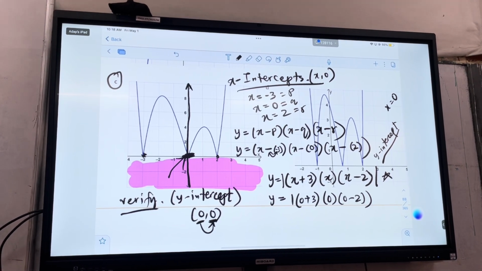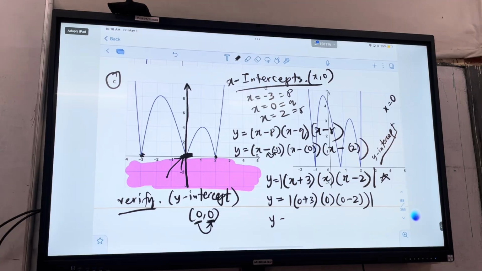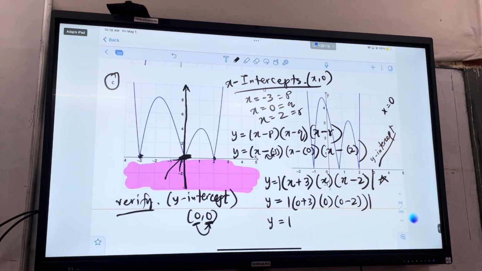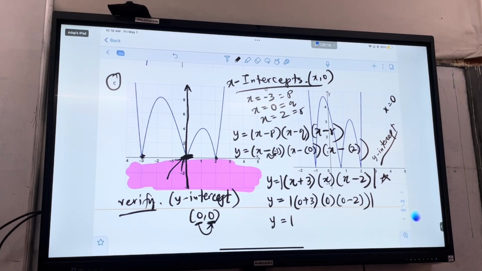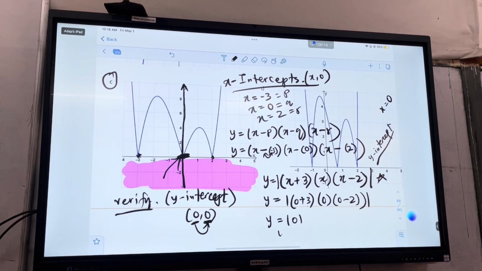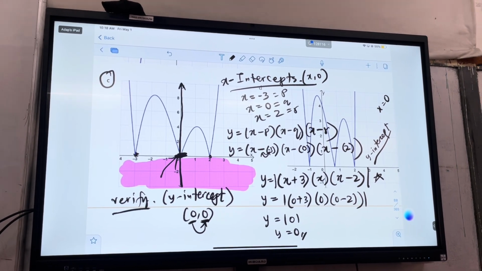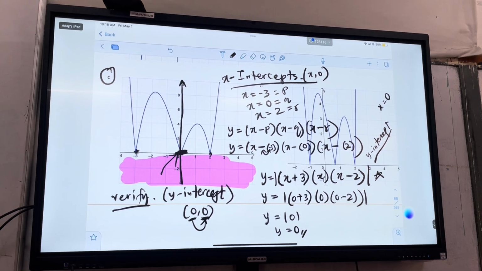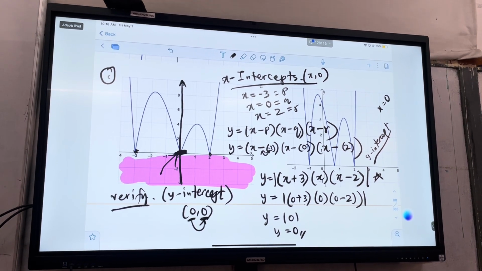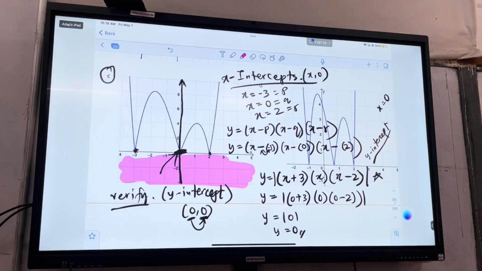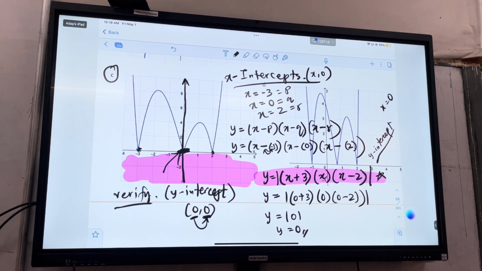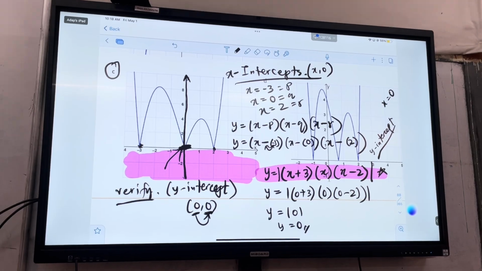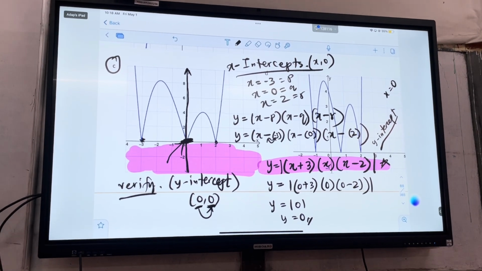And then if your answer is still 0: 0 plus 3 is 3, but times 0 is 0. 0 times any number is also 0, and this leads you to 0. That means this is how you verify that, oh yes, the equation that I got is absolutely correct. You're verifying because of the y-intercepts. Understood? Any doubt in here?